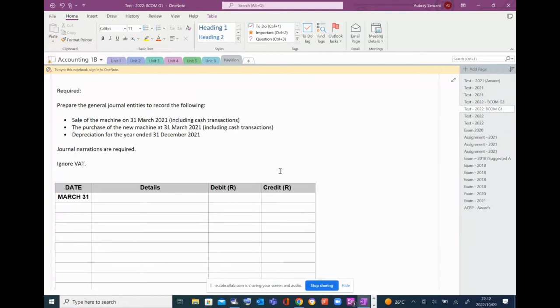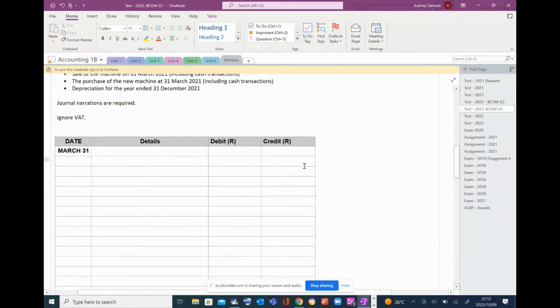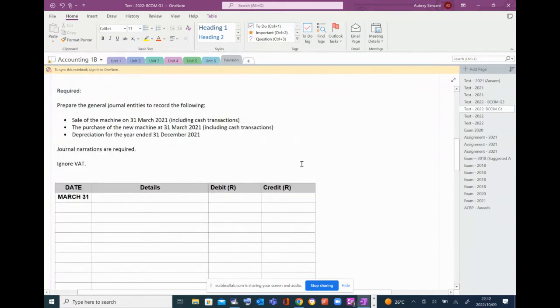I saw they were asked the general journal and the post-adjustment trial balance. I said, these guys were given such a nice, fair paper, because we've done these things. So, what were they asking for?